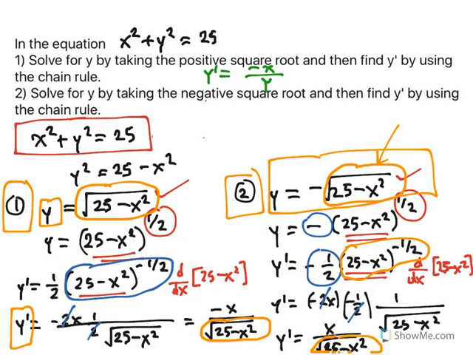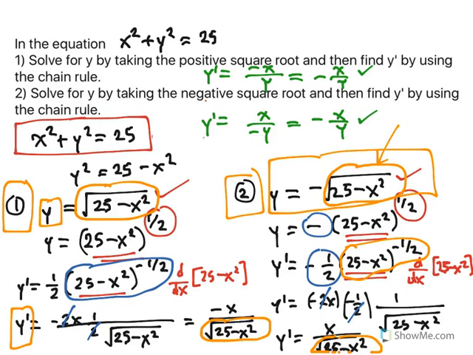So you have x divided by negative y, so we get y prime is equal to x divided by negative y. And of course, these are both the same. They're both negative x over y. So we get the same derivative for both the top half and the bottom half of our circle. But it was a bit of work.